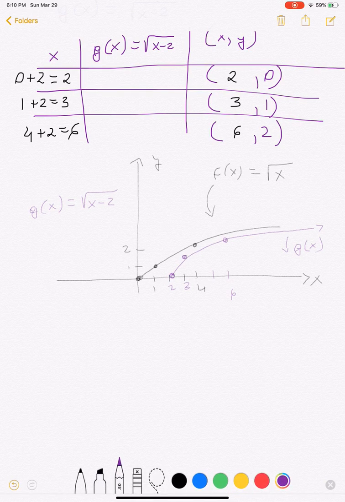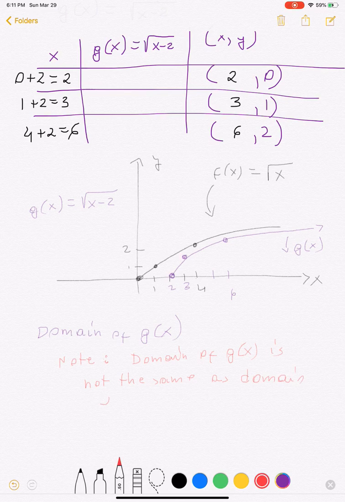Next, what we need to do, we need to find the domain of g of x, and then just write a note. Domain of g of x is not the same as domain of f of x.